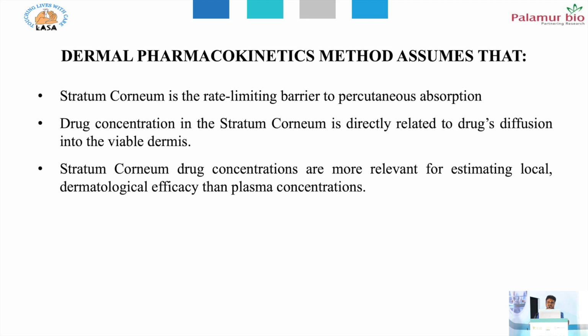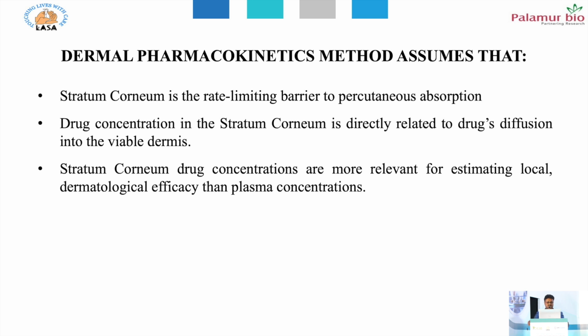As I was previously mentioning, the dermal pharmacokinetics method assumes that stratum corneum is the rate limiting barrier to percutaneous absorption. So if you know what concentrations are there at the stratum corneal level, you know how permeable that drug would be. The next statement states the same thing: stratum corneum is directly related to the drug's concentration in the viable dermis.